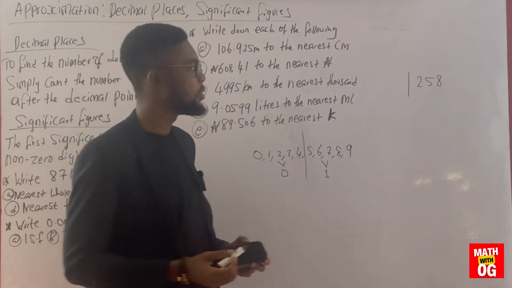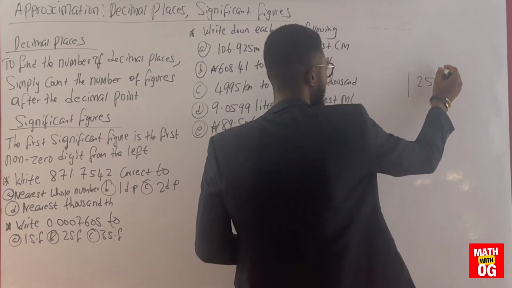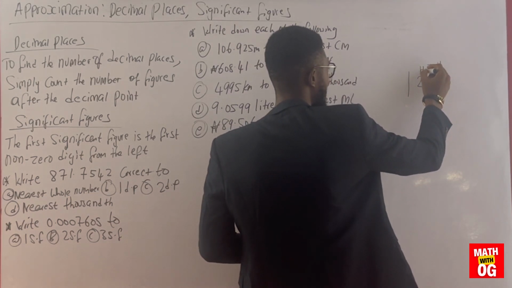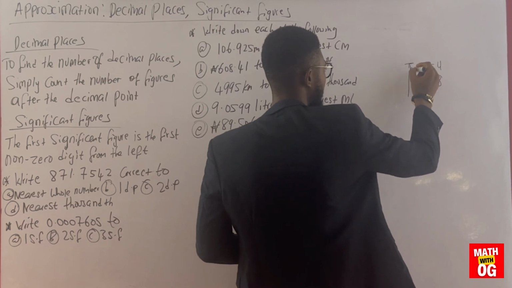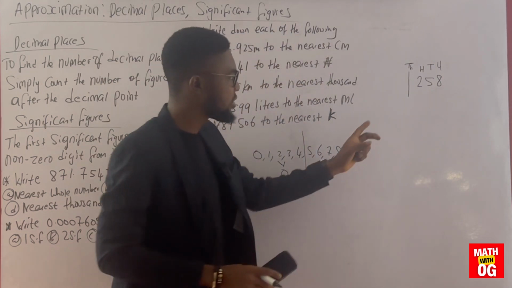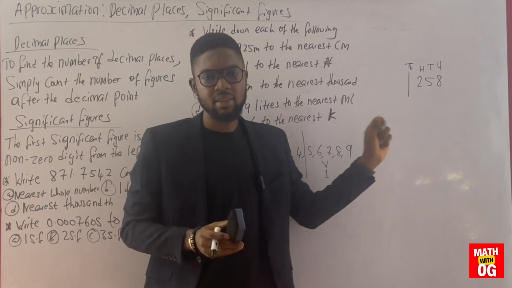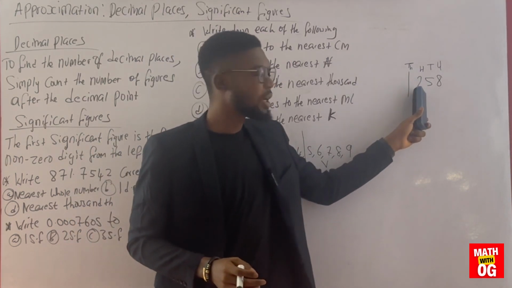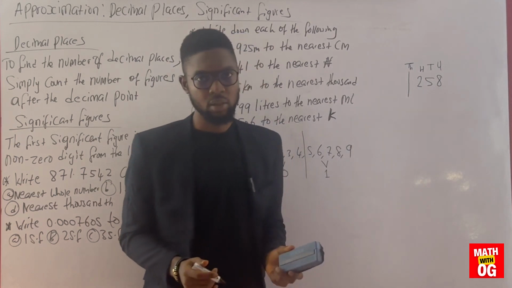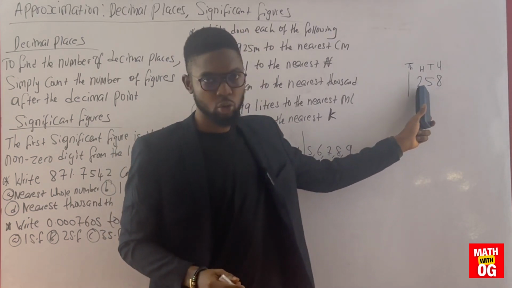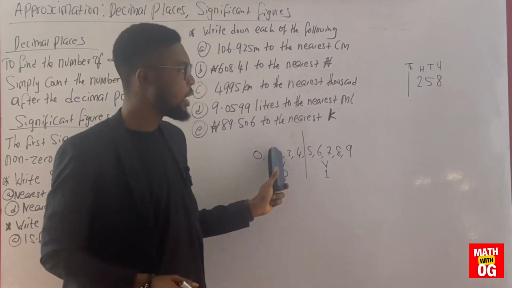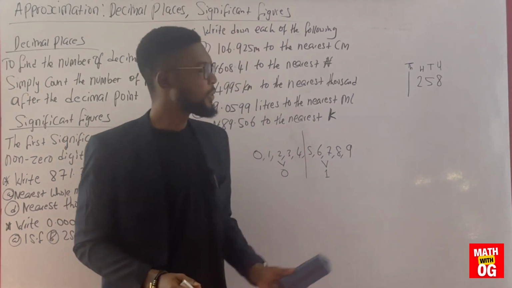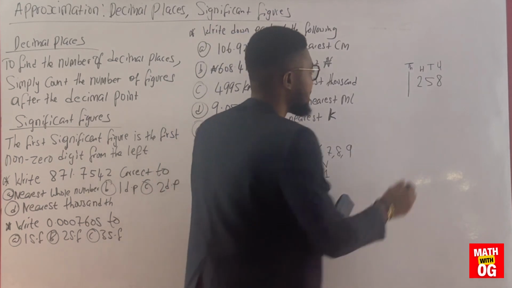Ideally, what you simply do is to check this is your unit term, this is your tens, this is your hundred, and this is your thousand. So if this is your thousand, you move to the right and check the next number. The next number, will it round down to 0 or will it round up to 1? Obviously, the next number is 2. So you check 2 here will round down to 0. So this guy automatically becomes 0.